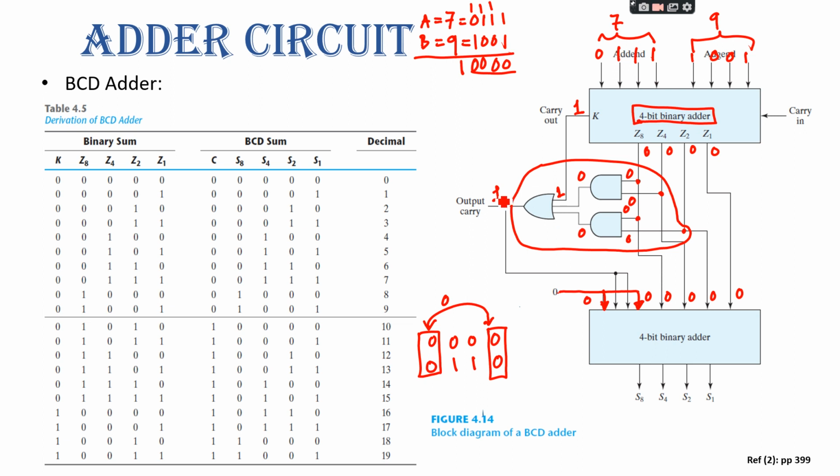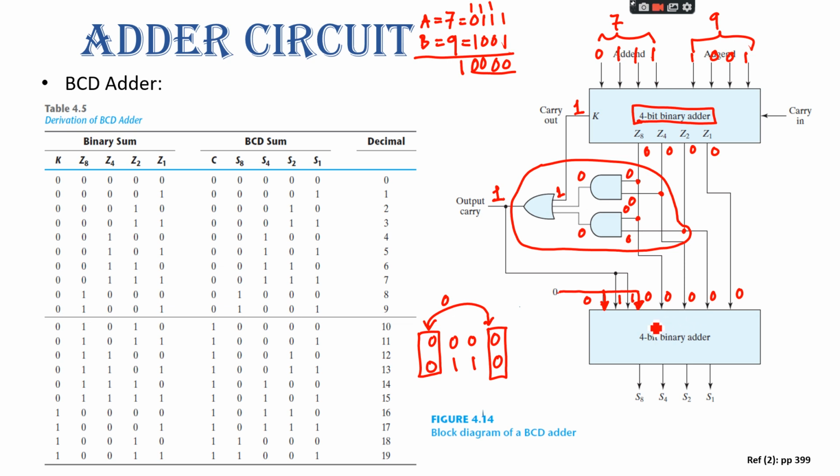If this circuit output is 1, it means 1 will come here, 1 will come here. So the number 6 will be added here, right? Yes, sir. You are understanding my point, right? Yes, sir.